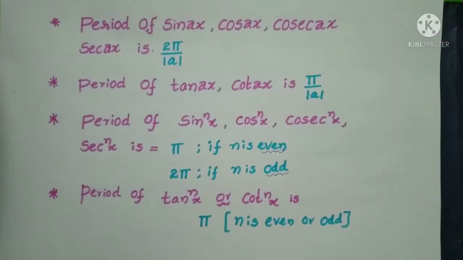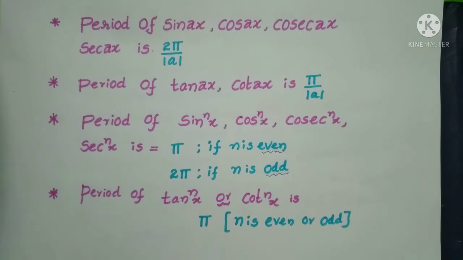Next, we will see formulas on this period. The first one: the period of sine ax, cos ax, cosecant ax or secant ax is 2 pi by mod a. Suppose the function f of x equals sine 2x, then the period is 2 pi by mod 2.